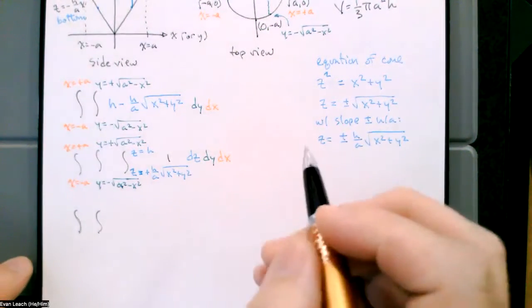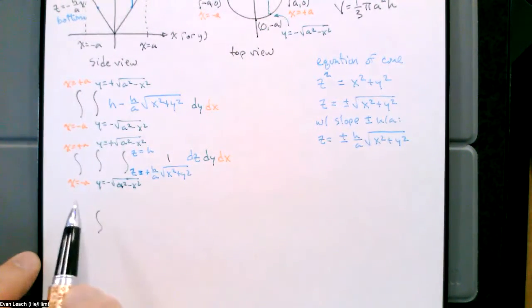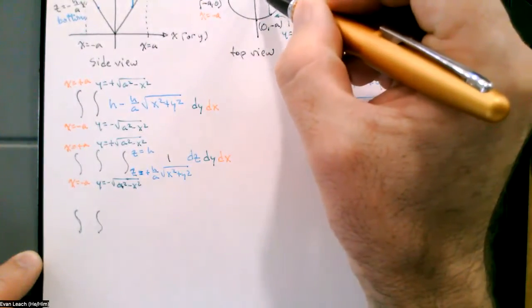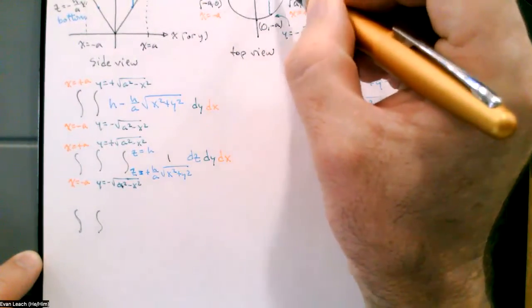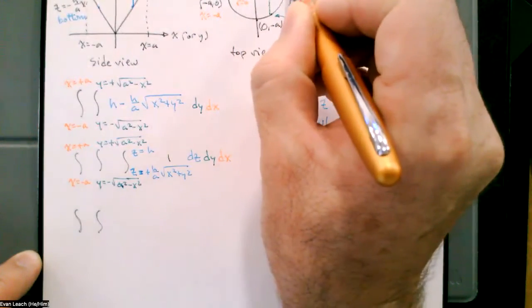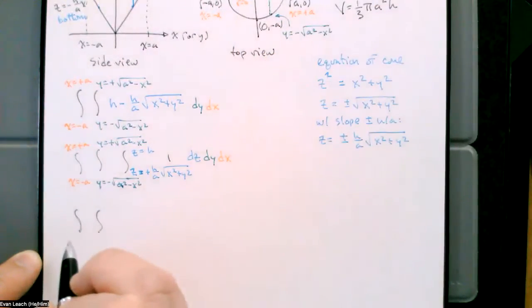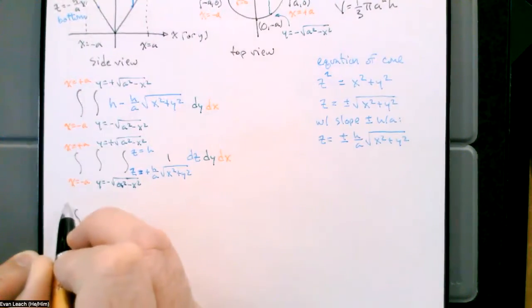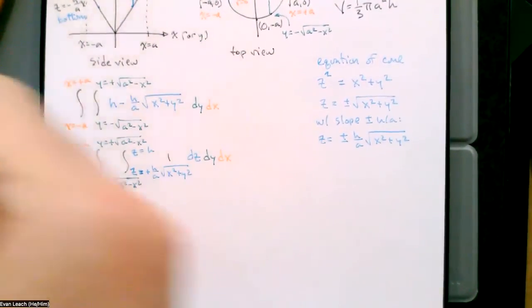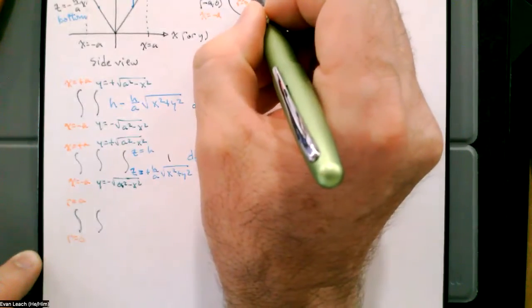So instead of a and instead of x and y, I'm going to just take r equals 0 out to r equals a. And theta will go all the way around from 0 to 2 pi.